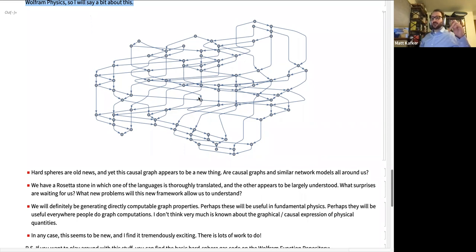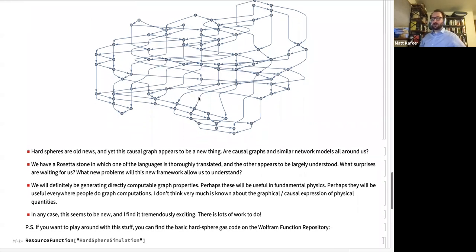and that's really cool, because we know, by we, I mean people smarter than myself, know the hard sphere system backwards, forwards, and sideways. People have made entire academic research careers studying the hard sphere system, and that means that we have a Rosetta Stone here. There's two languages, right?